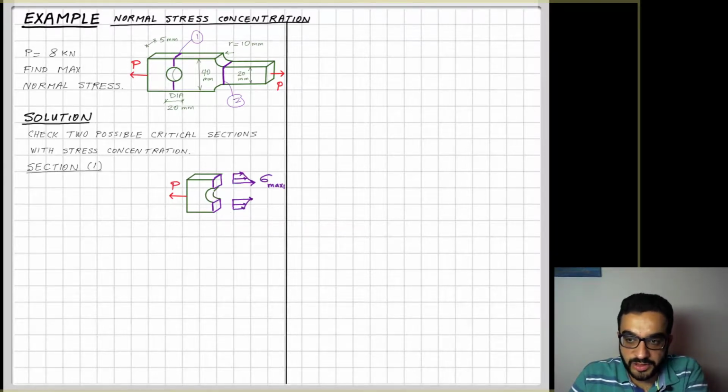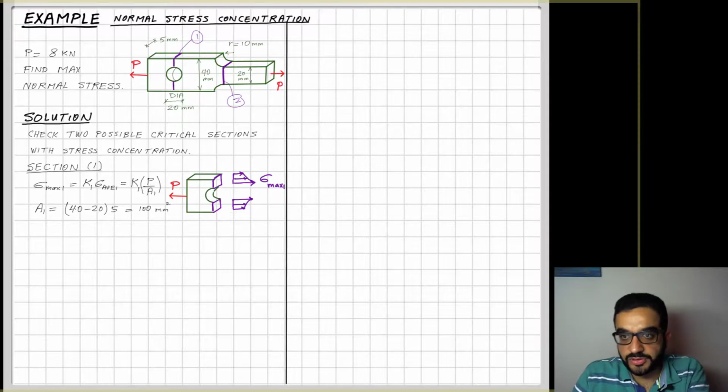So the first section here, I call sigma max 1, and sigma max 1 equals sigma average at this section times K1, and sigma average is equal to P divided by the area at this section. The area at this section, I have 40, the total width of the bar, but I have here a hole in it of 20, and times the thickness, so I have 100 millimeter square area.